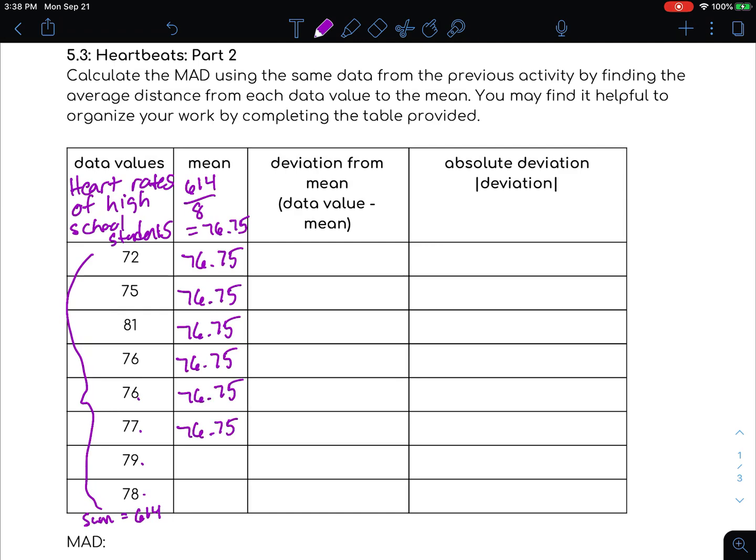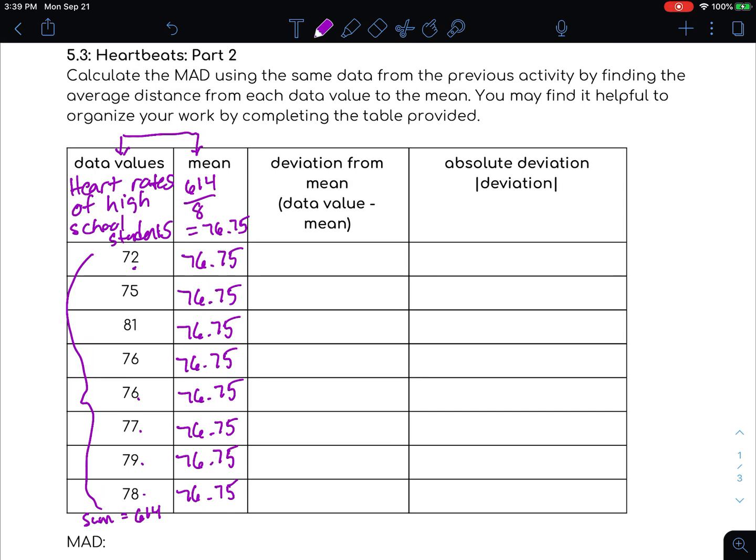And we're writing it down a bunch of times because we're going to find the distance between this average, 76.75, and each one of the data values. All right. So to do that, we're simply going to subtract these two lists right here and here. We're going to subtract the data value minus the mean. So we want to know the distance.